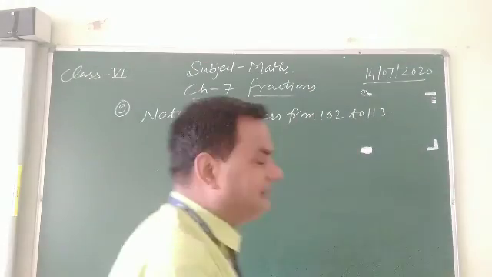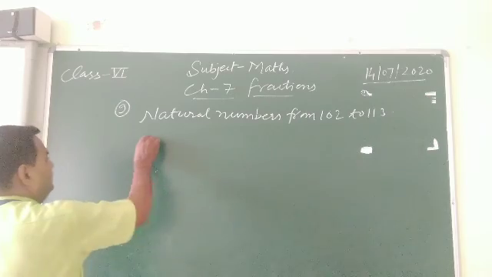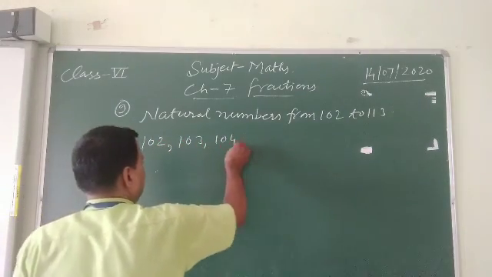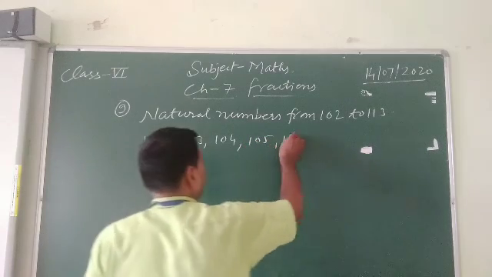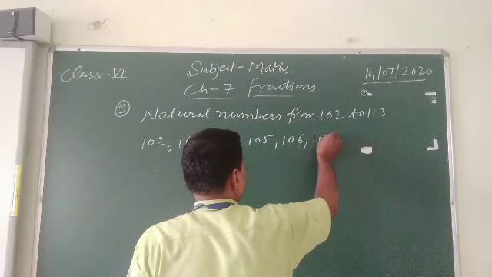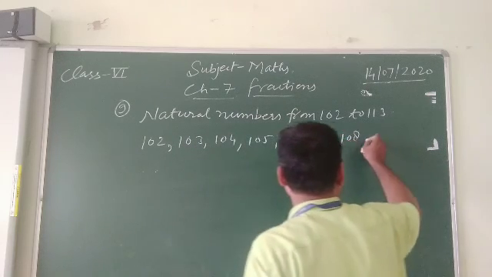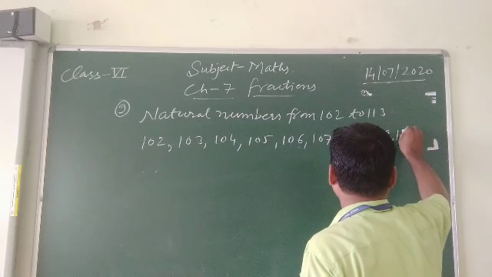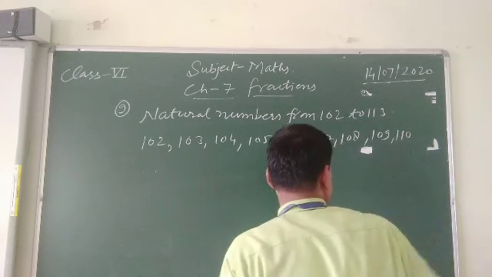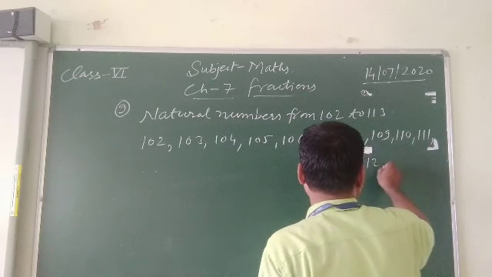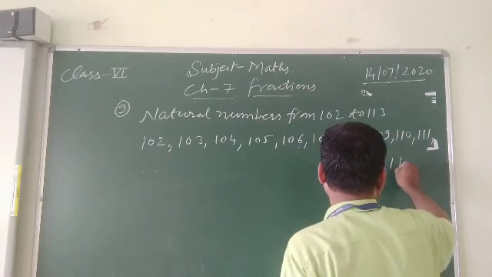So natural numbers are 102, 103, 104, 105, 106, 107, 108, 109, and 110, 111, and 112, and last 113.